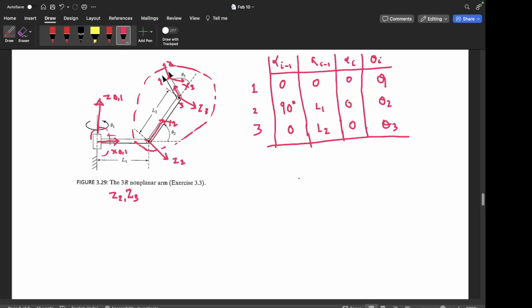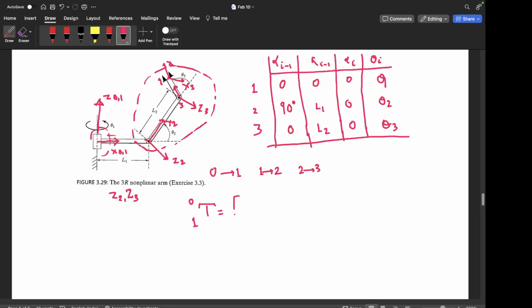Once you have this, let's write the transformation matrices. So we have 4 frames, 0, 1, 2, 3, and we have 3 transformations: 0 to 1, then 1 to 2, then 2 to 3. So let's write T 0 1.